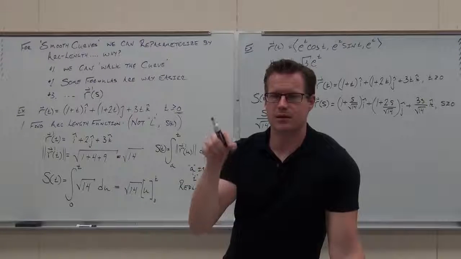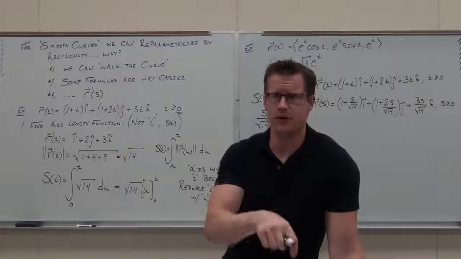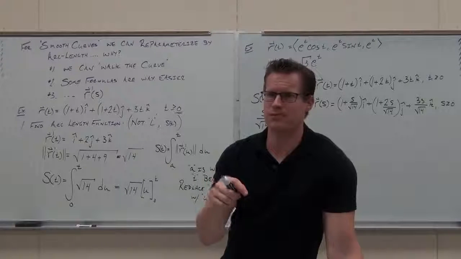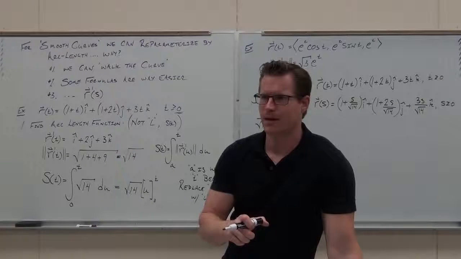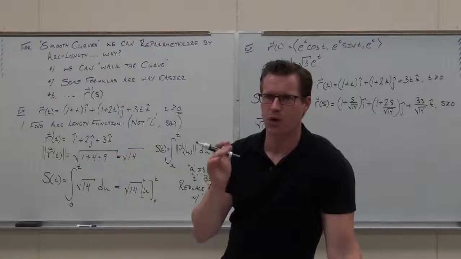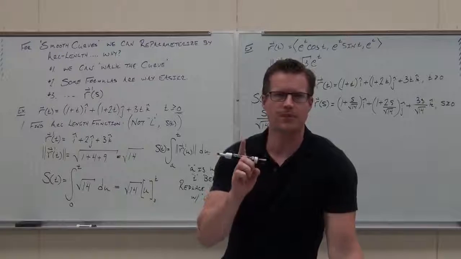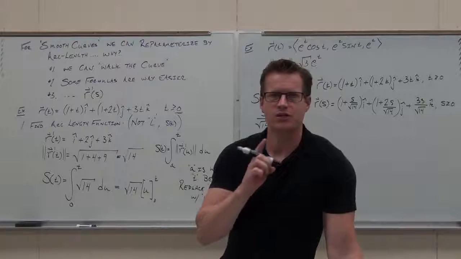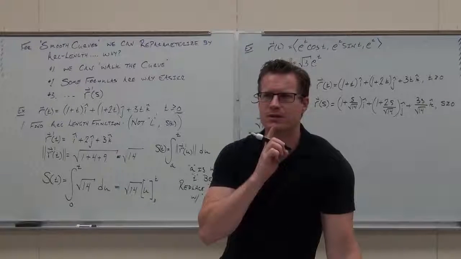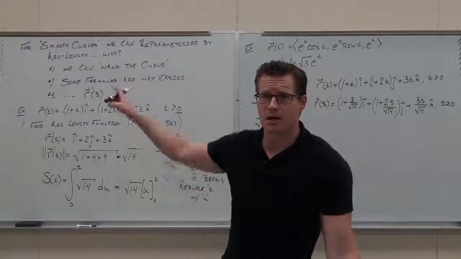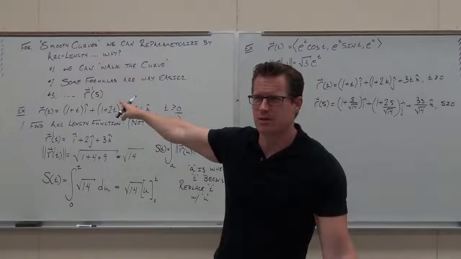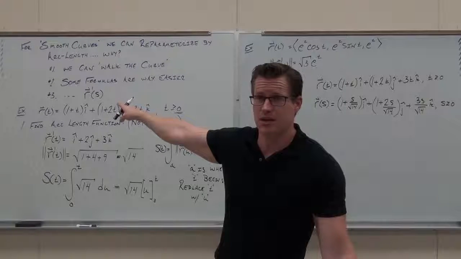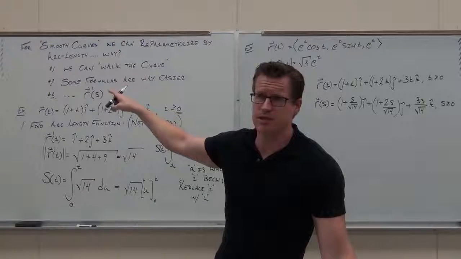If you take a derivative of a vector function that's been reparameterized by arc length, its magnitude will always be 1. Do you remember the name of the thing that we had that was a tangent vector that had a magnitude of 1? What was that called? Unit tangent. That will always give you a unit tangent vector.